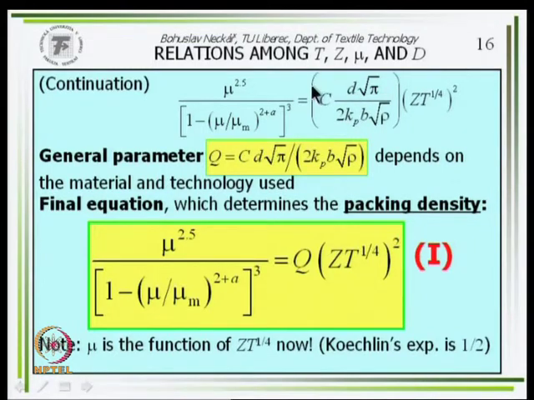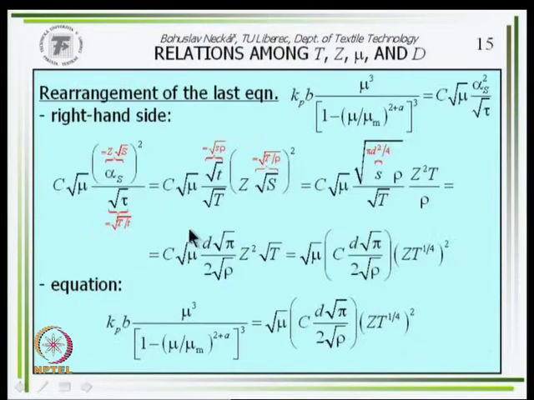So we can say that for a given type of yarn, all this expression represents a common parameter Q. And we can then write our expression in the form mu to the power 2.5, because earlier was square root.